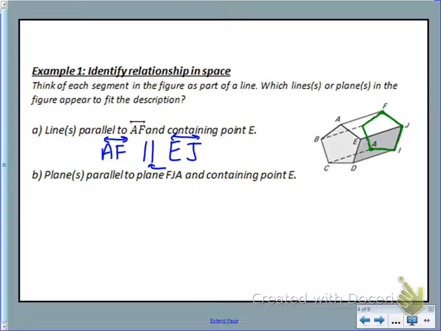And we want a plane parallel that will never intersect that and contains point E. So the plane that would do that would be plane AEB. Now keep in mind, all you need is 3 capital letters from this particular pentagon in the front. So we could have named that in many different ways: plane ABC, plane ABD, and so forth. The order in which you write those is unimportant. So that plane is parallel to plane FJA.